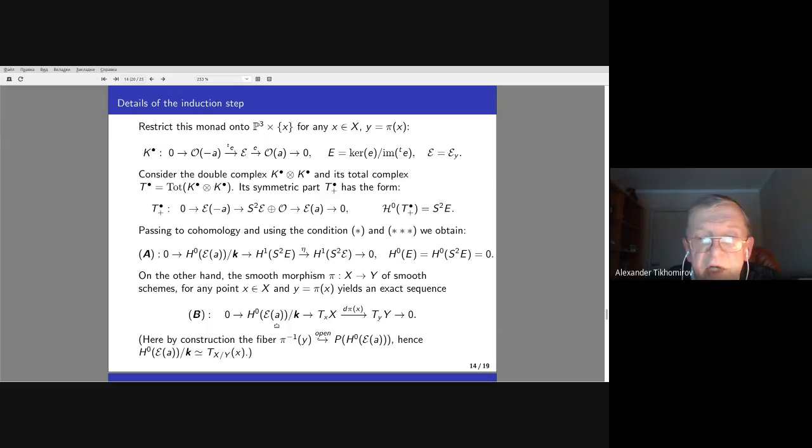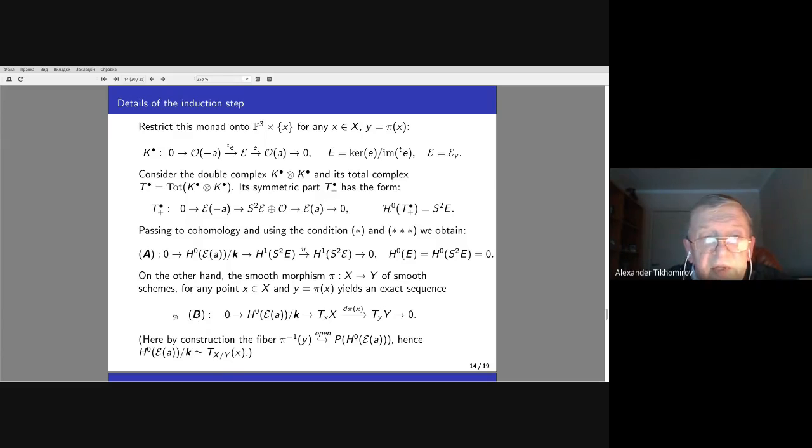Here, by construction, the fiber of pi over y is just the projectivized space of sections of E twisted by A. Hence, this H0 of E twisted by A modulo K is just the tangent space to the fiber or vertical space at the point x.